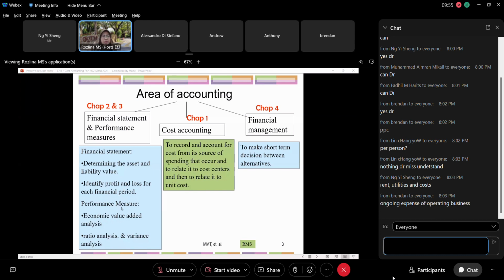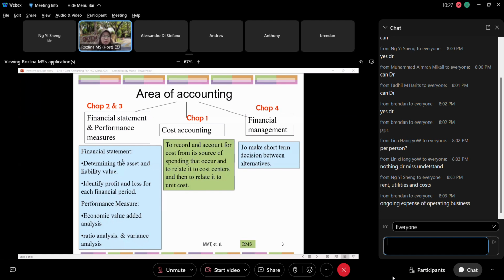Then the performance measures: after you develop the financial statements, you have to know how to analyze them using ratio analysis, and then we have variance analysis. We also have chapter 4, a very important part. It is about financial management, how to make decisions in terms of marginal costing.